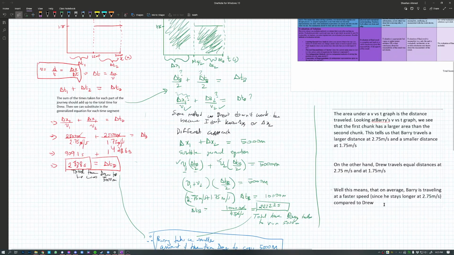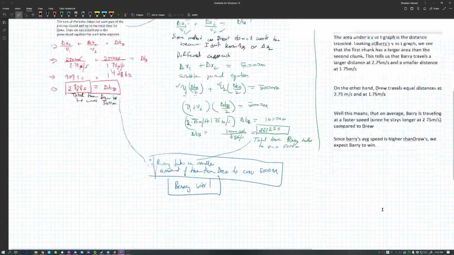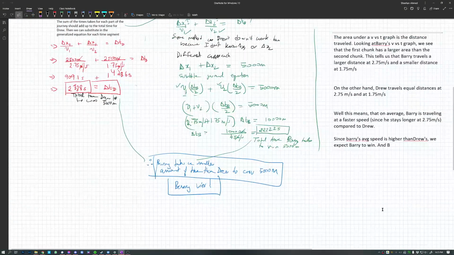So Barry's average speed is higher. Since Barry's average speed is higher than Drew's, we expect Barry to win. And Barry did win. That's what our math says.